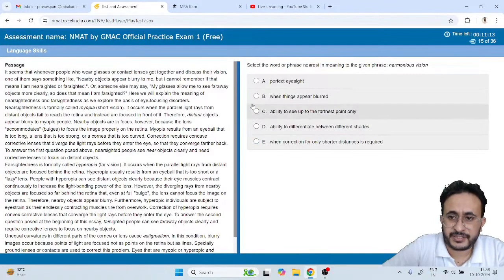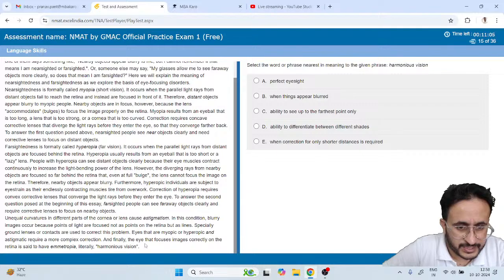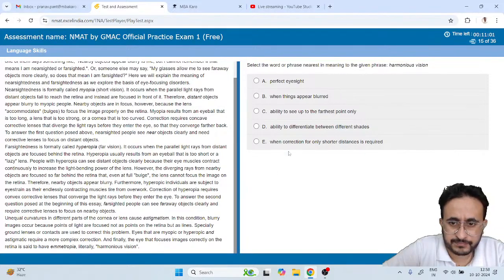Select the word or phrase nearest in meaning to "harmonious vision". Harmonious would be something lasting. Finally, the eye that focuses images correctly on the retina. Perfect eyesight.